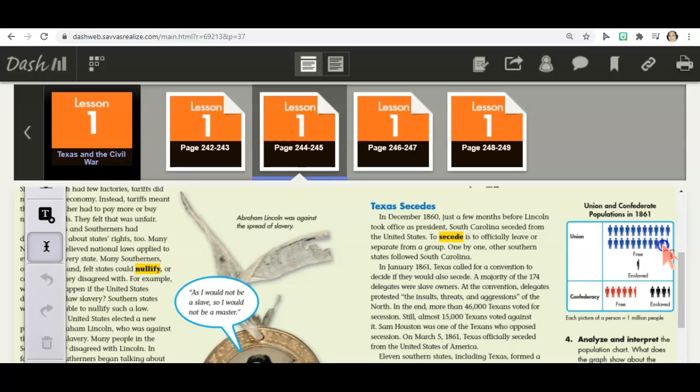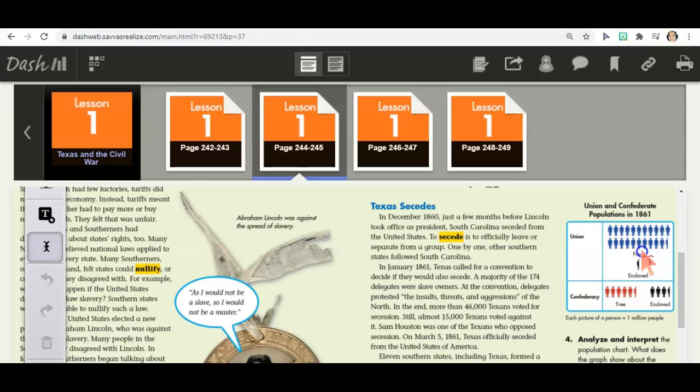It looks about 22 and a half. So that would be 22.5 million people live in the population for the Union. 1, 2, 3, 4, 5.5 for the Confederacy. So that looks about 5.5 million people for the Confederacy.